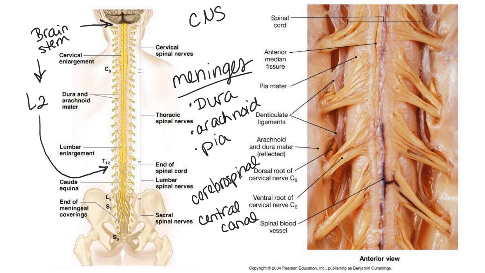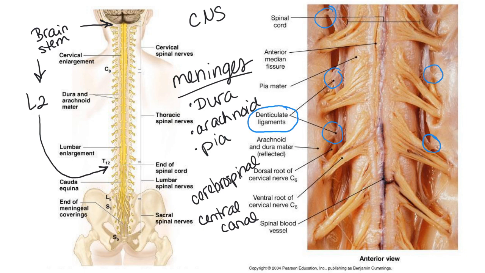In addition to the meninges, in particular, that dura mater there helping support and hold that spinal cord in place, it is also attached by what are called denticulate ligaments. So denticulate ligaments, you can see them here. Denticulate ligaments are going to help anchor the spinal cord into the walls of the spine, basically so that it doesn't swing around.